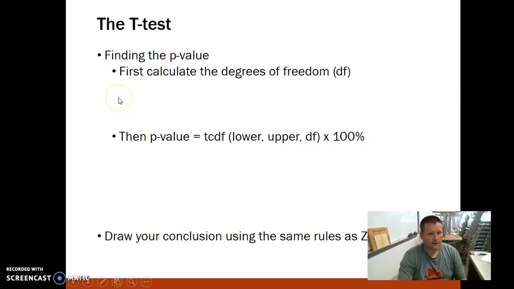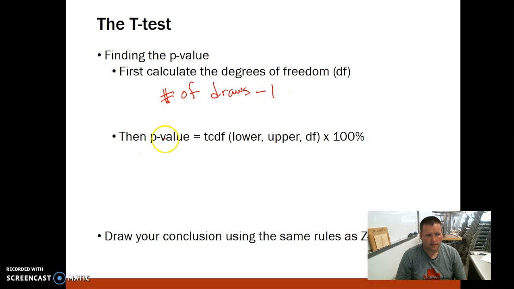And then we're still going to find our p-value. We've got to find our degrees of freedom by taking the number of draws. So you just need to remember this part here, that this is the number of draws minus 1.